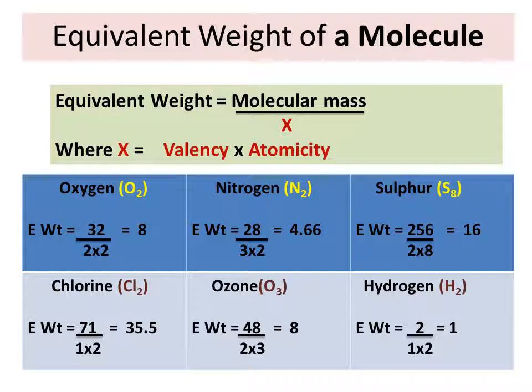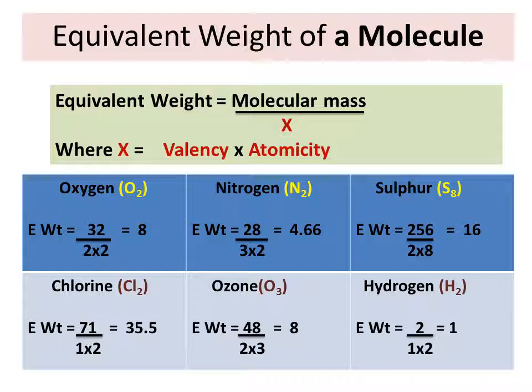Now let us talk about ozone. We know that the molecular formula of ozone is O3. So atomicity of oxygen in O3 is 3, and the valency of oxygen is 2, molecular weight is 48. So 48 upon 6 comes out to be 8.